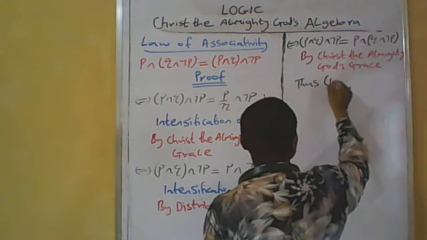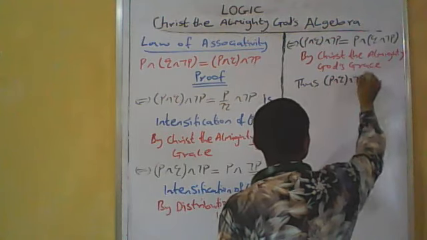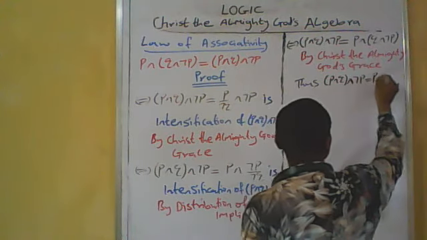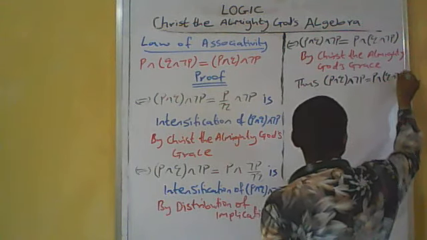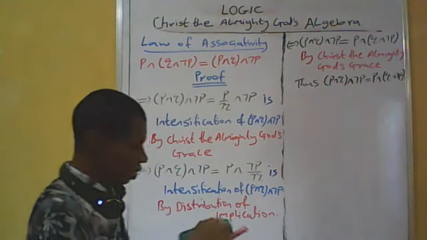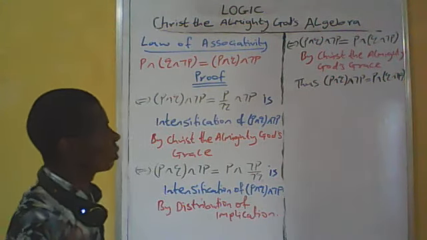bracket P and Q and not P is equal to P and bracket Q and not P is the converse of the law of associativity.